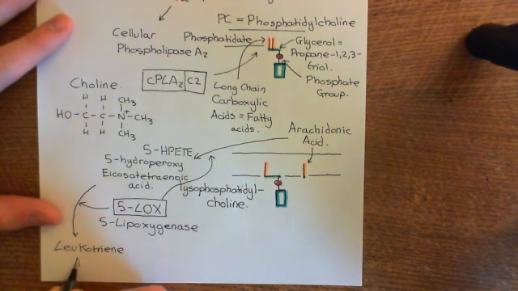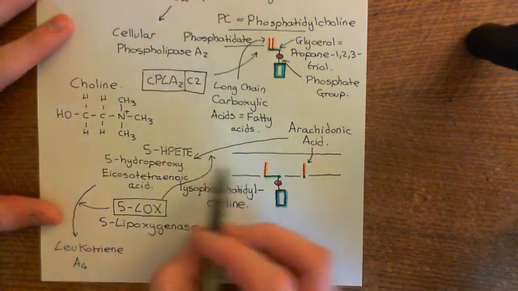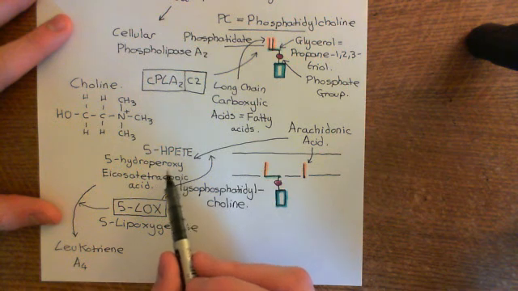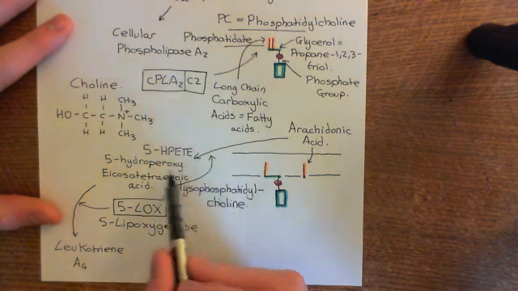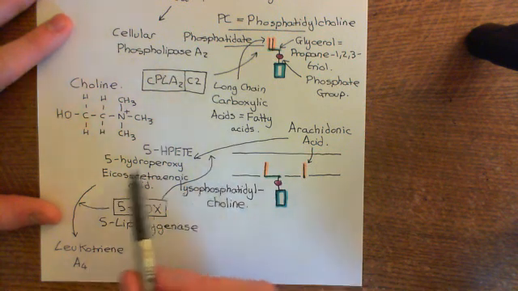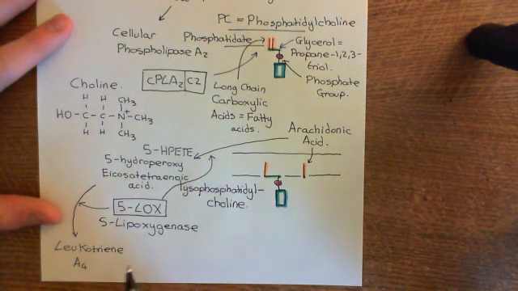And leukotriene A4 will then leave the phospholipid bilayer. So arachidonic acid and 5-hydroperoxy icosatetraenoic acid are both in the phospholipid bilayer, but leukotriene A4 will move from the phospholipid bilayer into the cytoplasm. Leukotriene A4 is often abbreviated to LT for leukotriene and then A4.